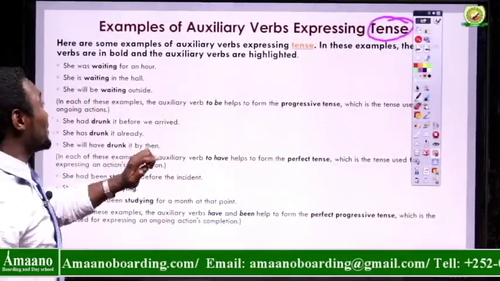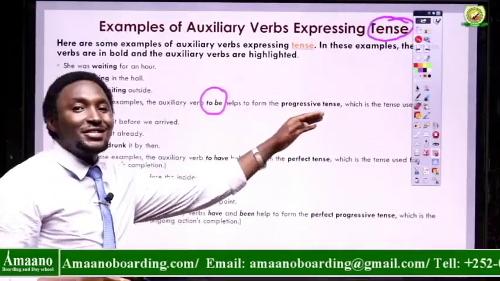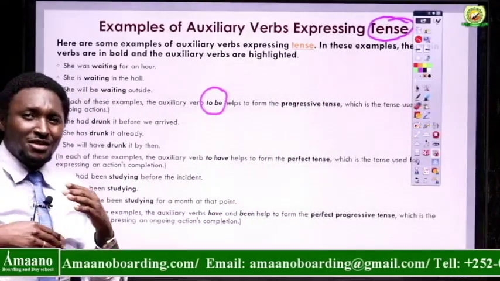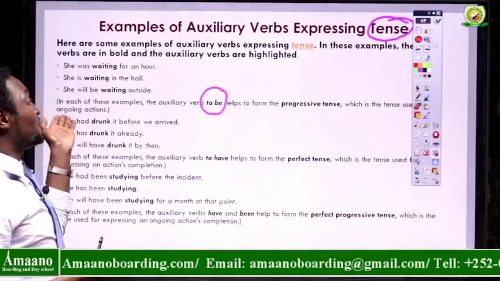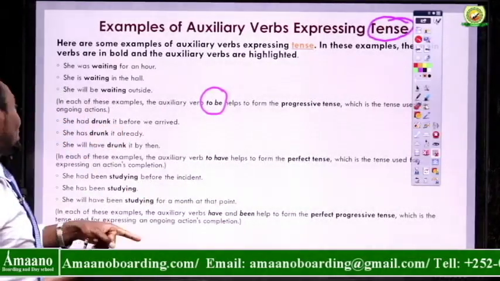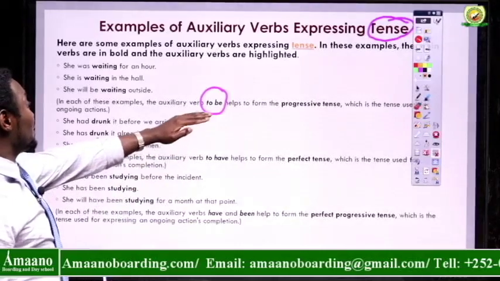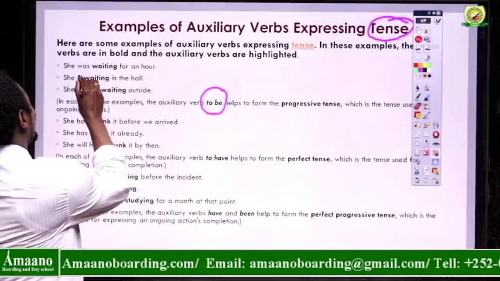In all these examples, the verb to be helps to express progressive tense. Progressive means continuous tense, an action that is continuing, which is the tense used for ongoing actions. Okay, very good. So the auxiliary verb to be is used to show progressive tense.